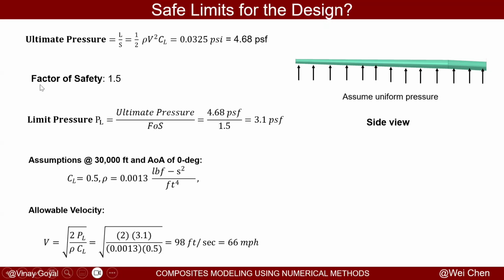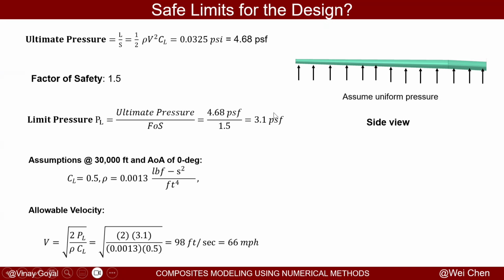We're going to assume a factor of safety of 1.5 because we don't want to fly the design at the ultimate pressure. So we take the ultimate pressure divided by 1.5 to get a limit pressure of 3.1 pound force per foot squared.